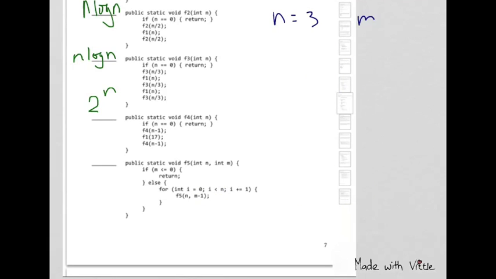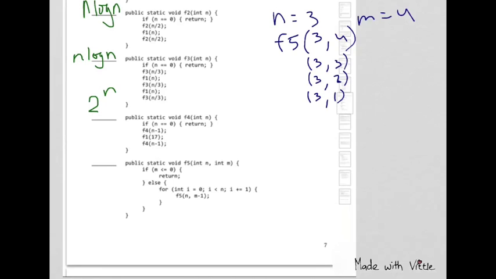Let's walk through an example. Let's say n equals 3 and m equals 4. I'm going to write all the recursive calls that would happen. This is for the i equals 0th iteration: we would have f of 3, 4, f of 3, 3, f of 3, 2, f of 3, 1, and then f of 3, 0, which would be our base case.